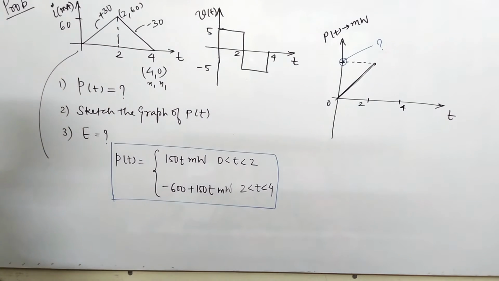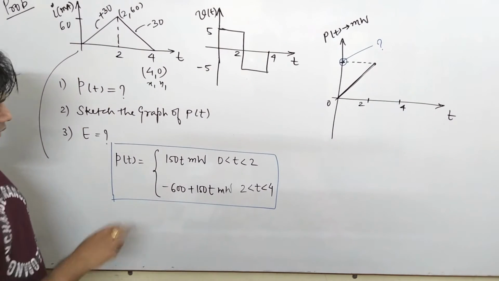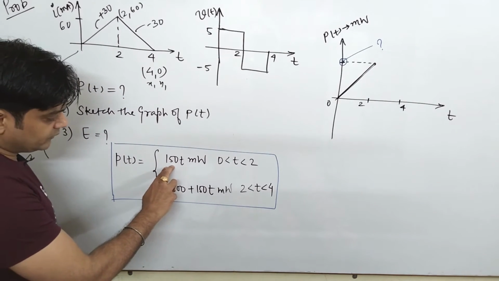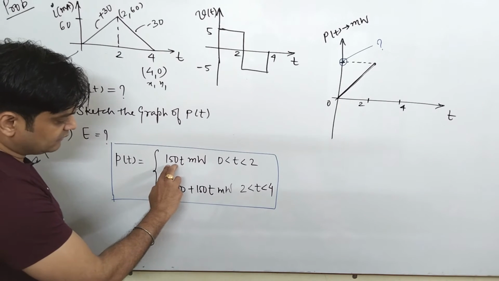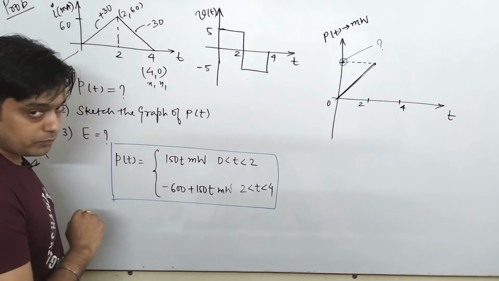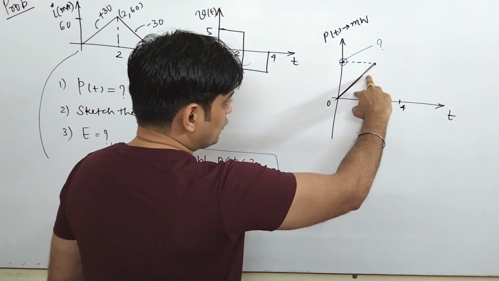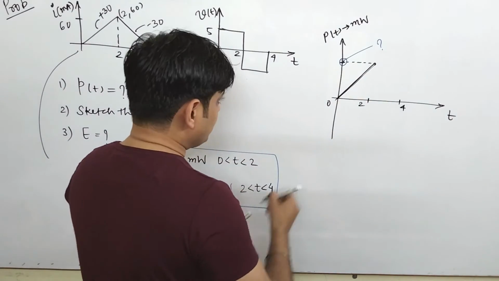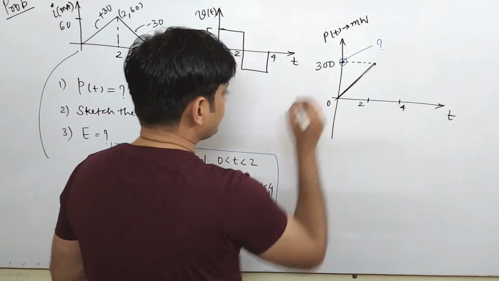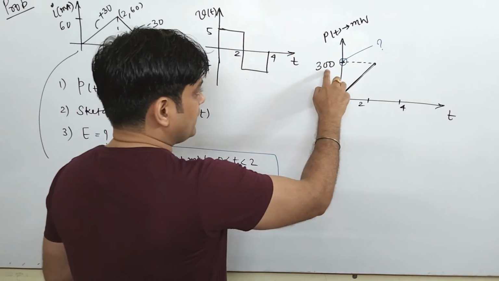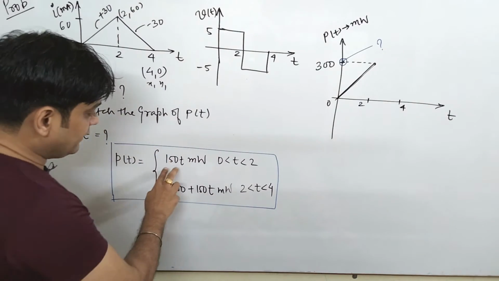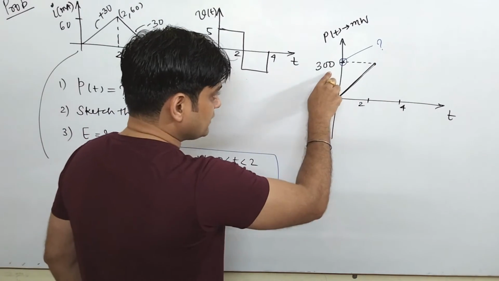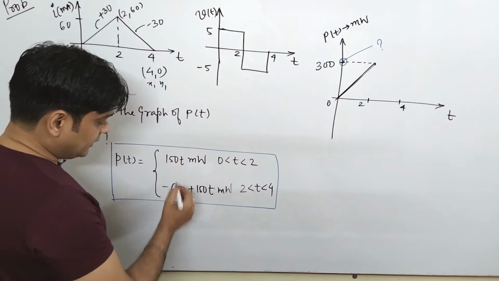I am taking it as the slope m, generally y equals mx. If you talk about the slope, this value must be 300. Why? Because if you divide 300 by 2, then it comes to be 150. So just keep in mind, the slope is a very important thing. So this value is your 300. Now what happens when it goes?